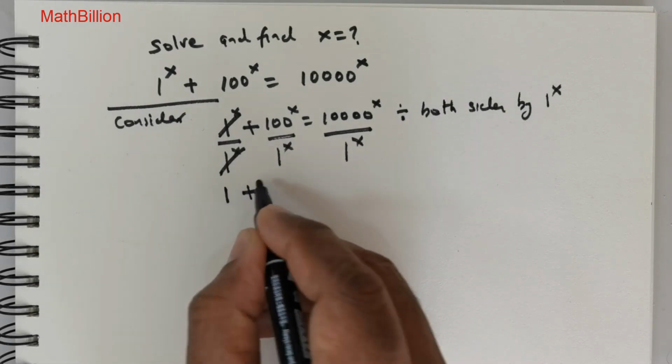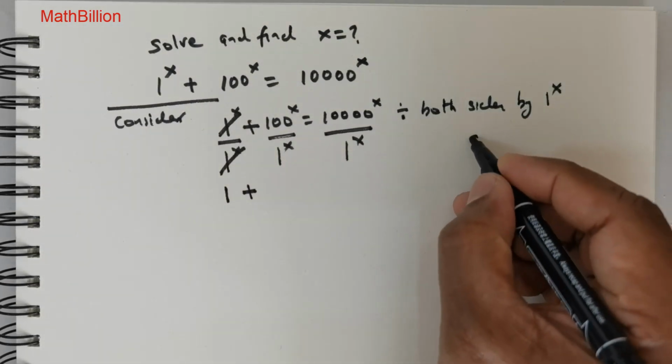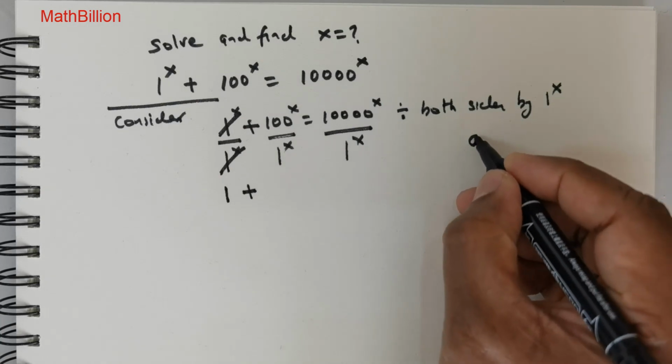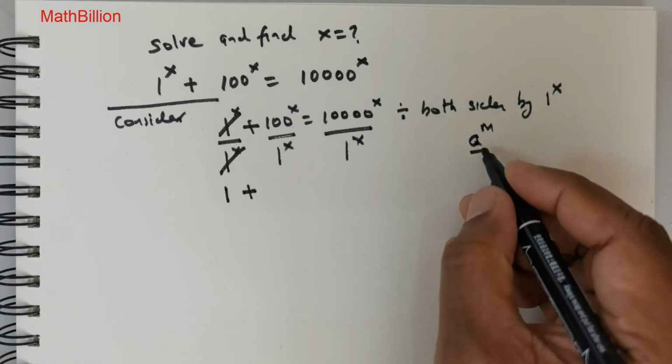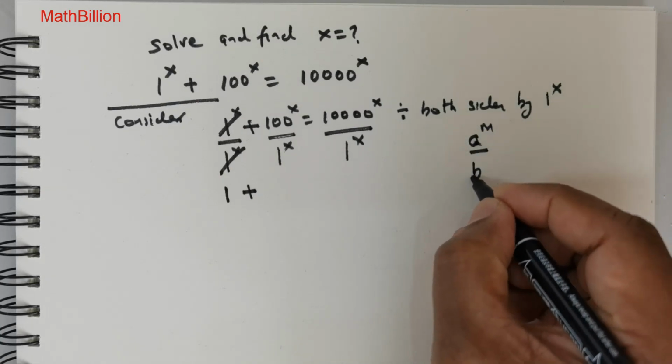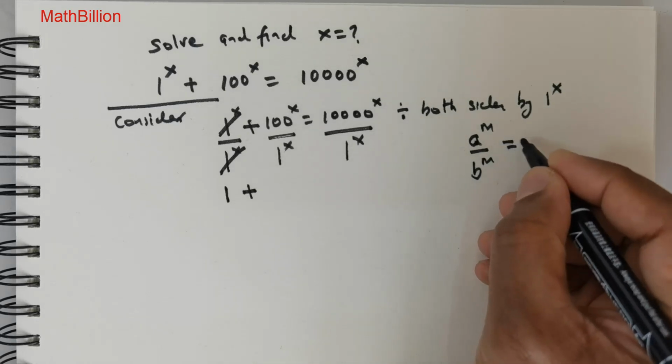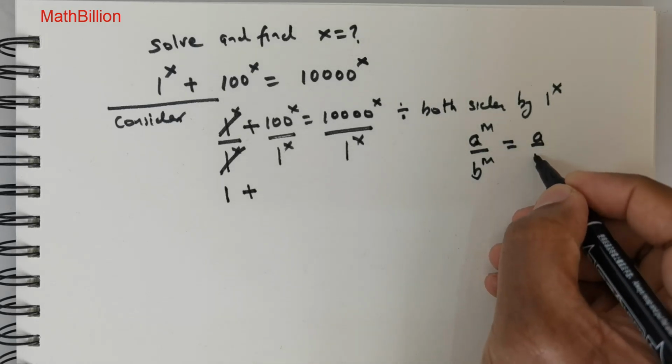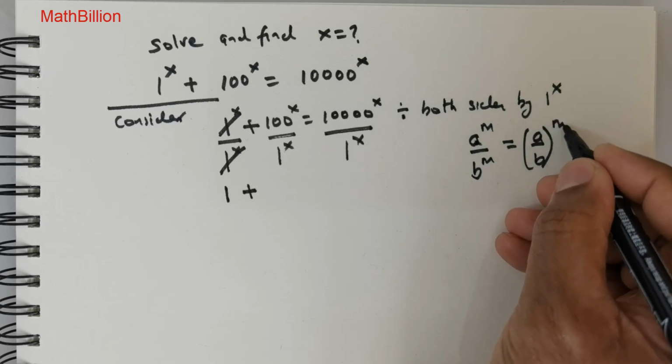giving me 1 + . Now suppose you have something like this: a^m divided by b^m. We can rewrite this as (a/b)^m.